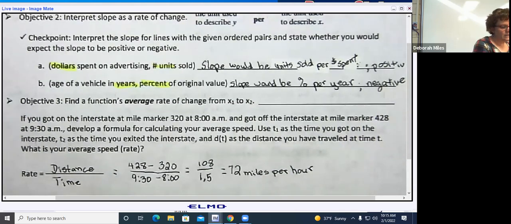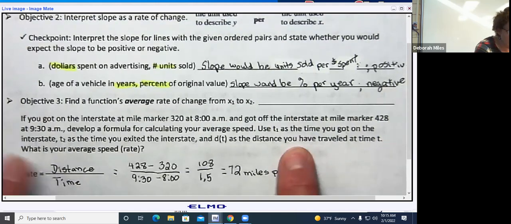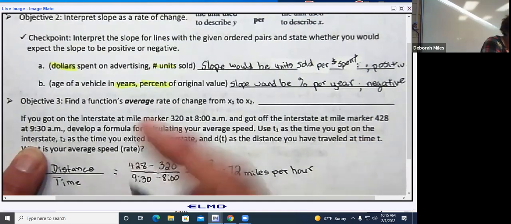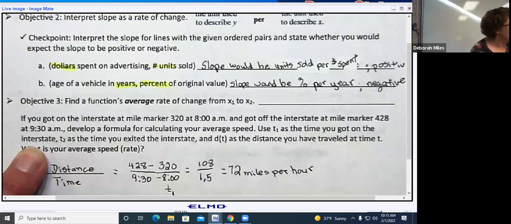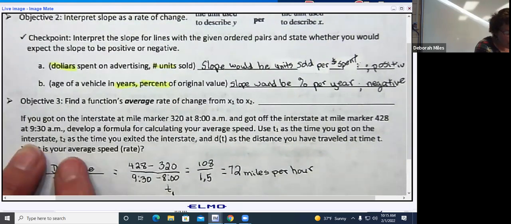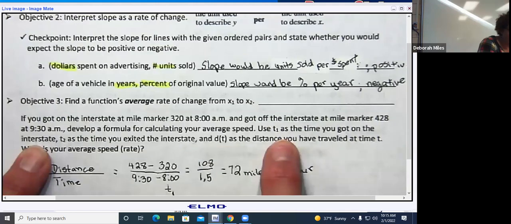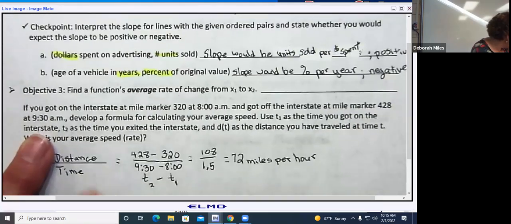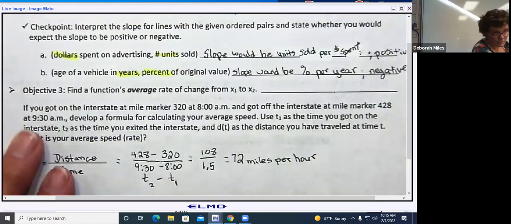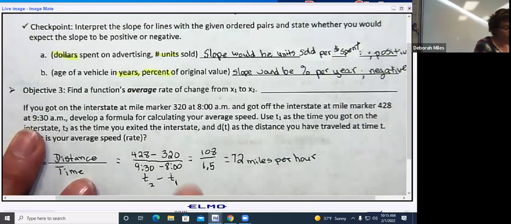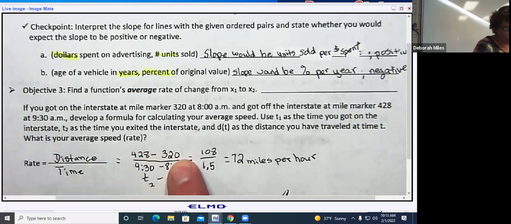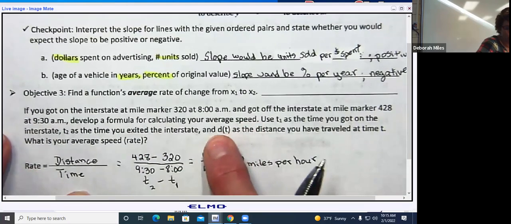Now, some rates of change aren't miles and hours, but look at this next sentence. Use T1 as the time you got on the interstate. At 8 o'clock is my first time. Use T2 as the time you exited the interstate. That denominator is just T2 minus T1. We could call the numerator D2 minus D1, distance 2 minus distance 1, but I'm just going to use this function notation.